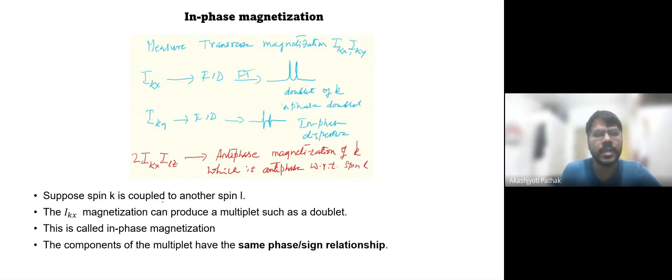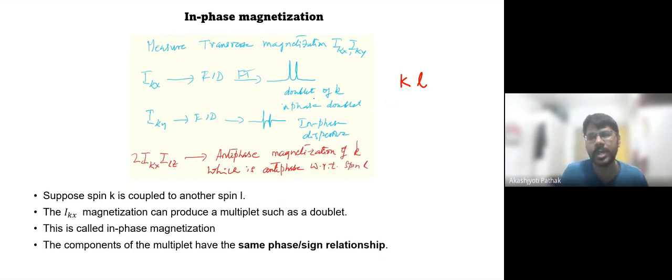Suppose spin K is coupled to another spin L. Then there will be peak splitting: L will result in the splitting of the peak of the K spin system. So you will get a doublet.